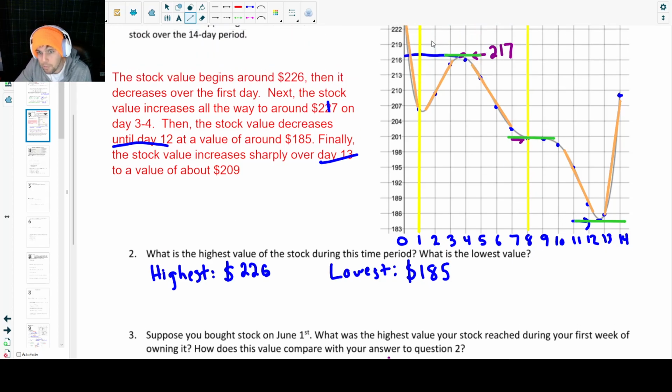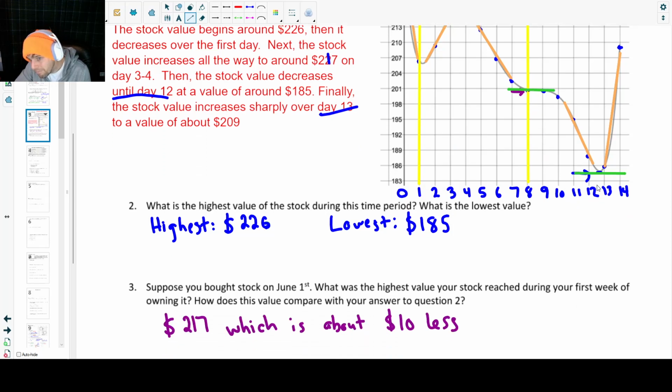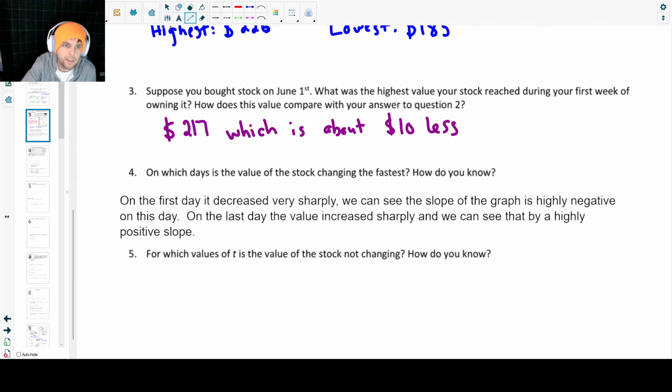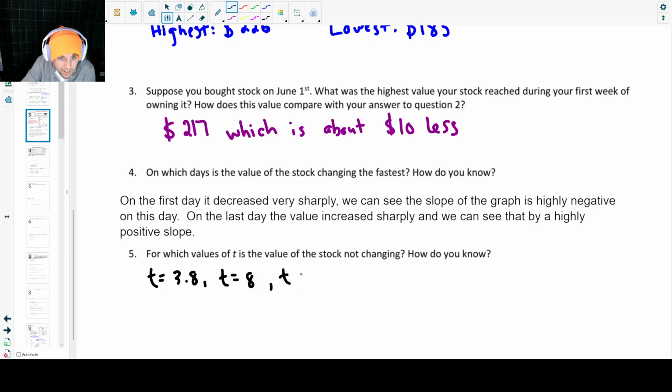We'll just have to approximate this. We'll call this like 3.8, 8, 12.7. I'm just approximating some specific t values. So t equals 3.8, t equals 8, and t equals 12.7.